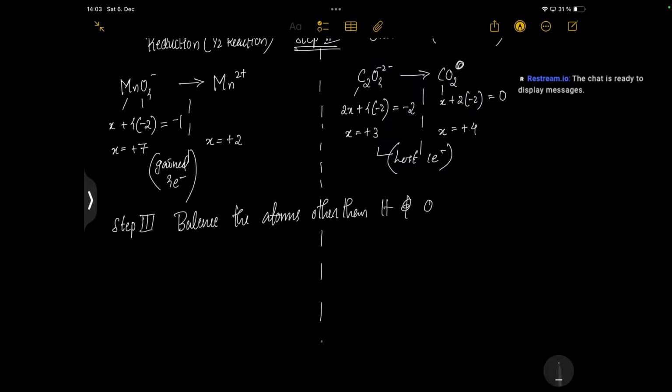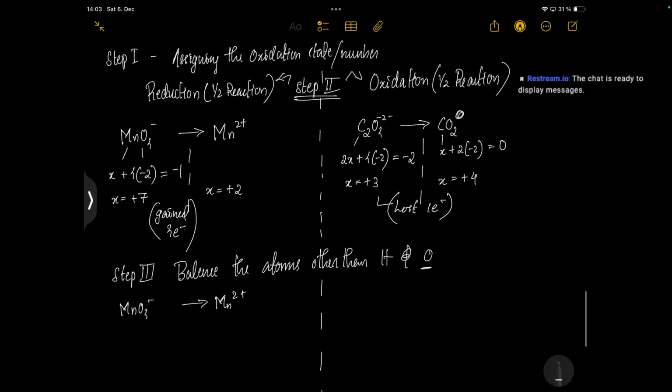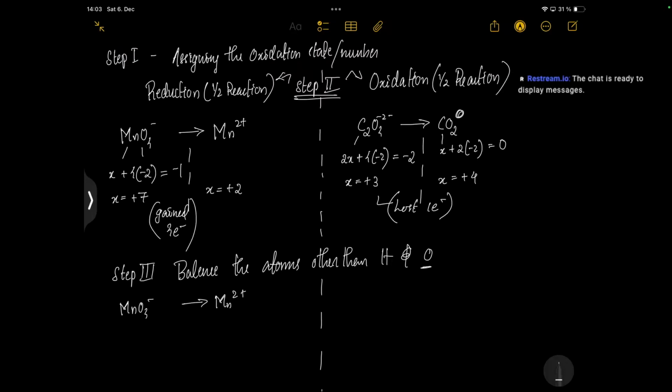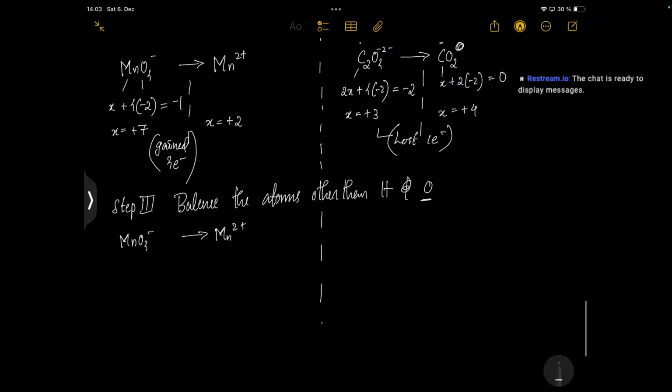There's no oxygen on the right side, but we don't have to balance oxygen yet, so we just write it as it is. In the case of carbon, the right side has only 1 carbon and the left side has 2 carbons. Therefore C2O4 2 minus gives 2 CO2. Now the carbon numbers are balanced.